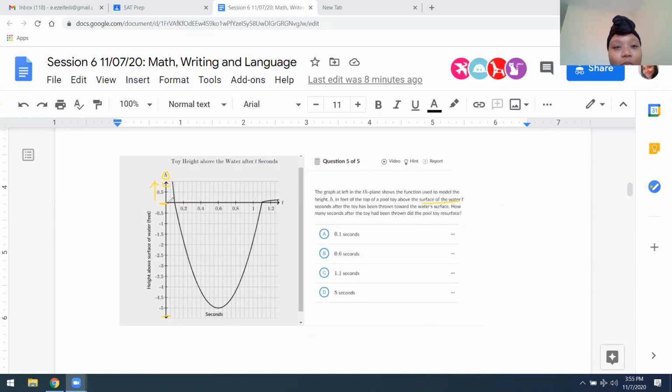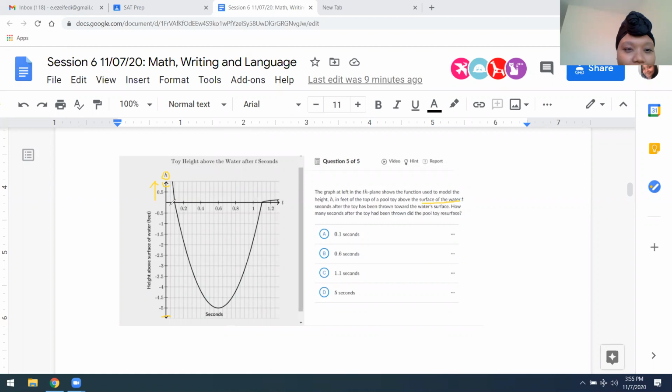So we see that, yes, well, here it doesn't start. Let me rephrase that. Thank you for the question. It doesn't really start at 0 here, because let's say if the toy was at the surface of the water, it would start here. I said that more so you always think of what that means if both axes have a point at 0.